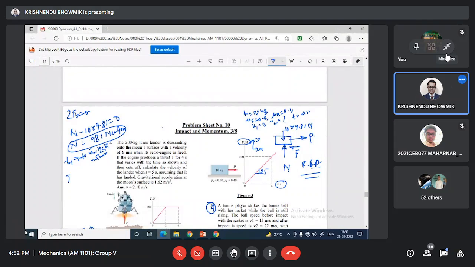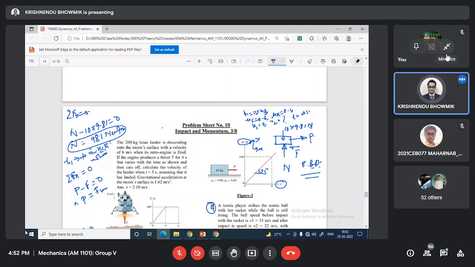Then from summation Fx equal to 0 for the T1, or simply if I want to write that, P minus F equal to 0, or P equal to F.